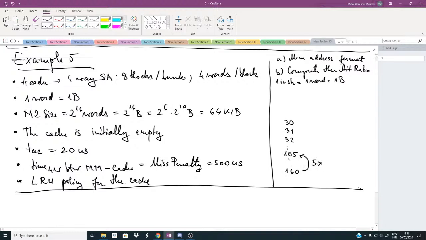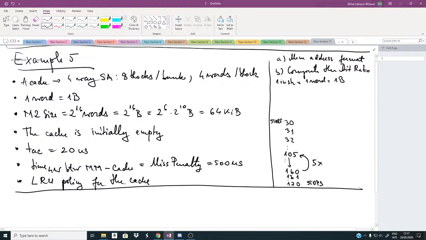So, it starts here: 30, 31, 32, 105, 160. Some condition is tested and it jumps 5 times to 105, and then goes sequentially to 160 again. And then from 160, it goes to 161 when the last loop is completed, up to 170. And here it stops.